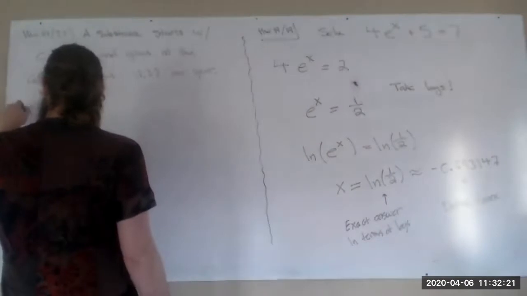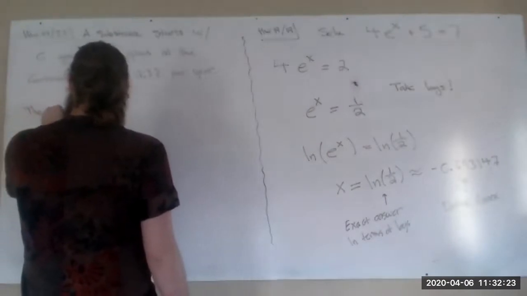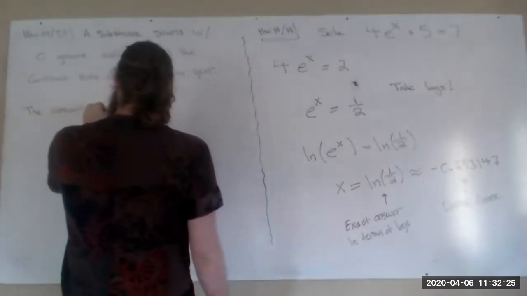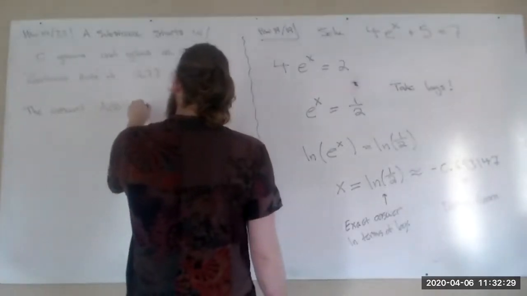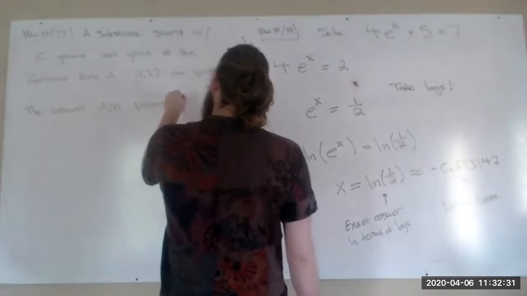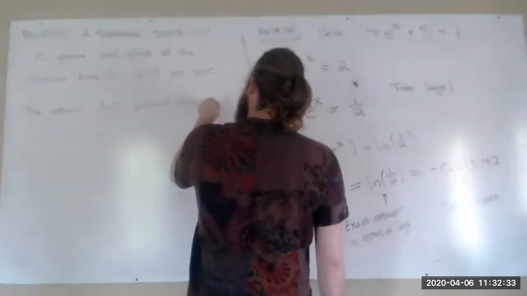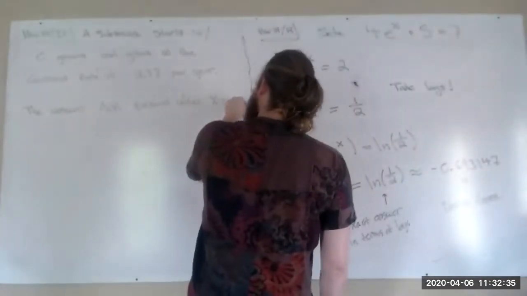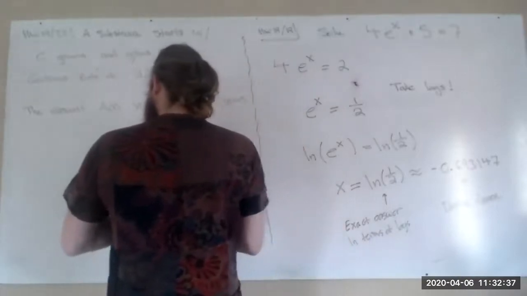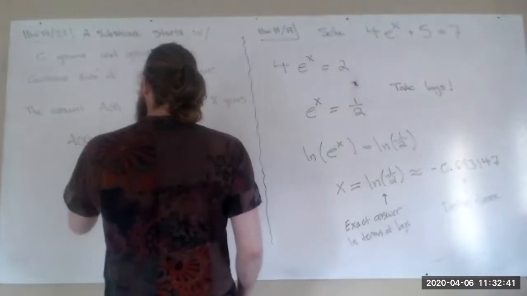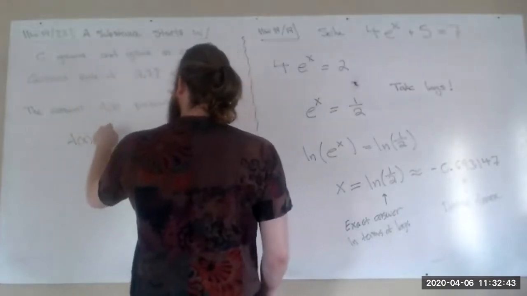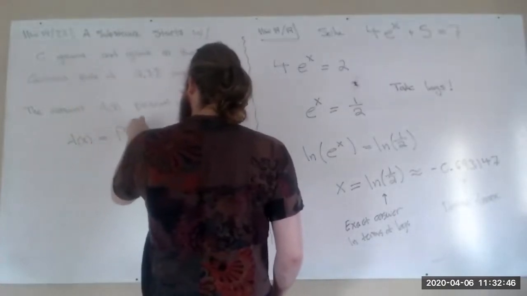So the amount A of X present after X years is going to be A of X equals, well, the formula first is P e to the Rx.